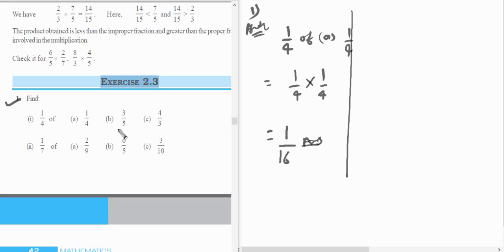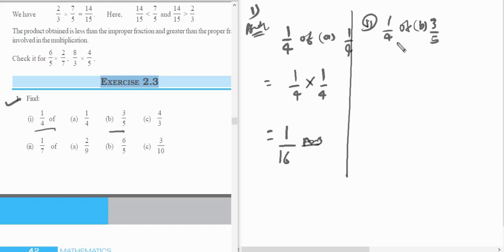Now the second case, 1/4 of 3/5. So the second one is you have to find 1/4 of B, which is 3/5, right? So now you can multiply.